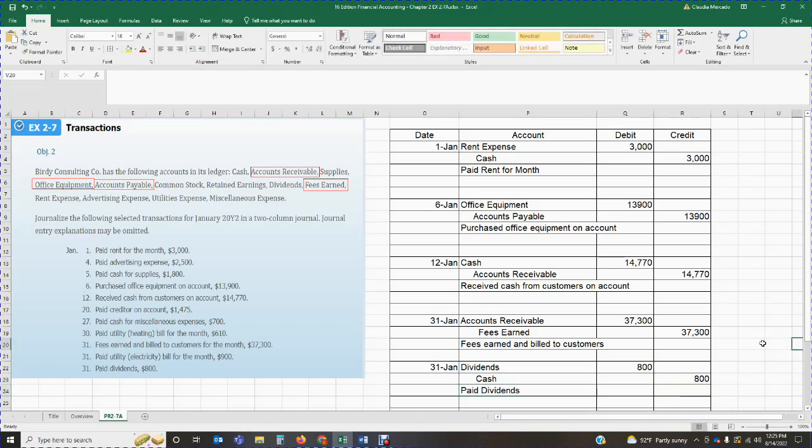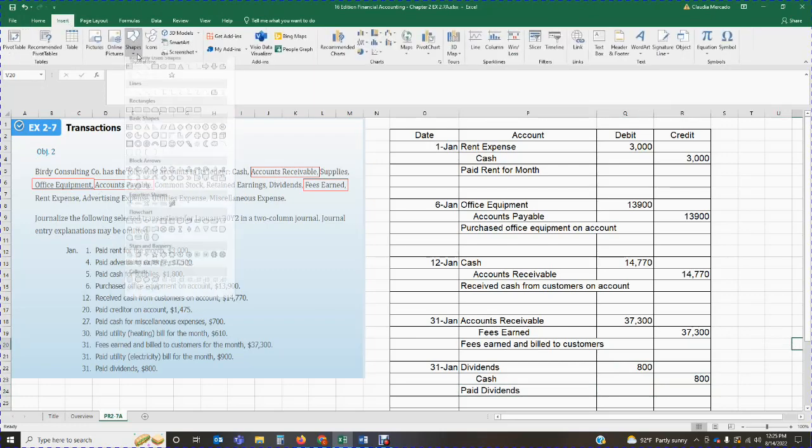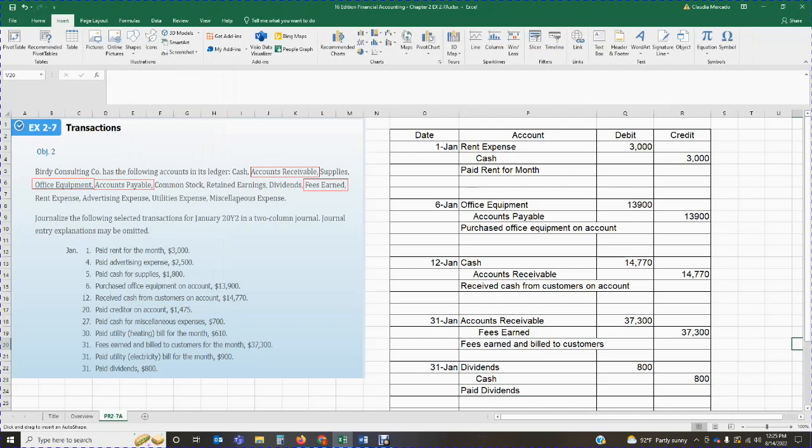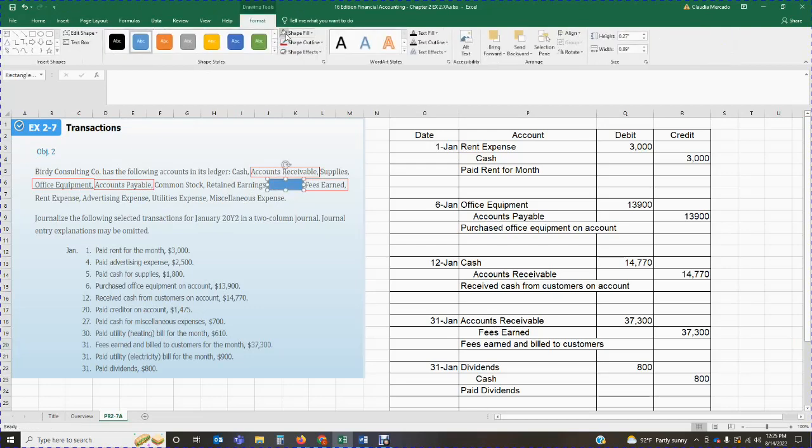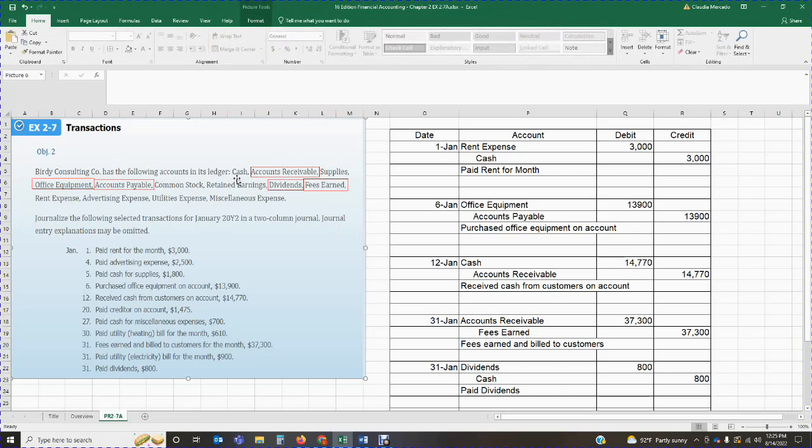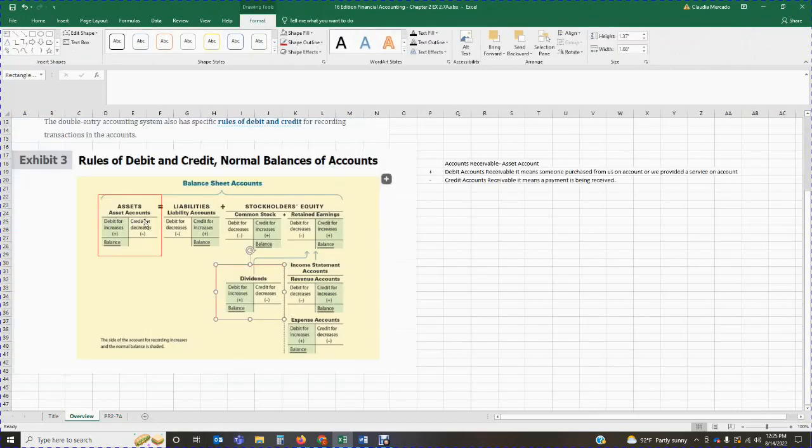Okay. So basically, for every transaction, you have to figure out, first of all, the account that is being affected. You have to look for the account in the actual chart of accounts. Okay, the problem should provide you with the list of the accounts. You can only use the accounts provided. Okay, and then you have to figure out, are these accounts being debited or credited?